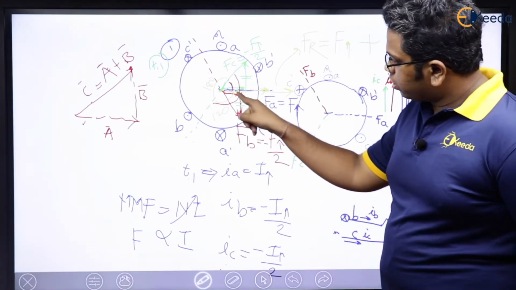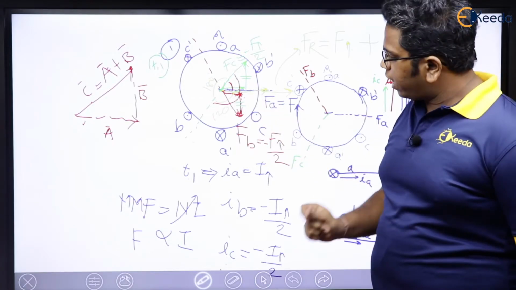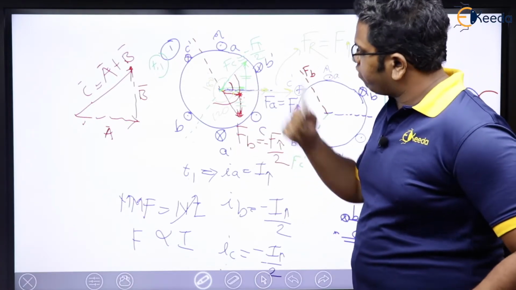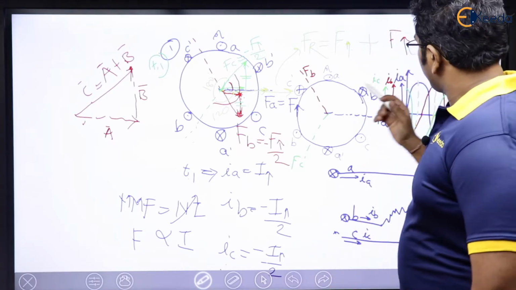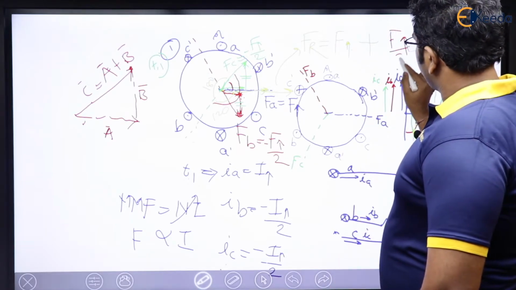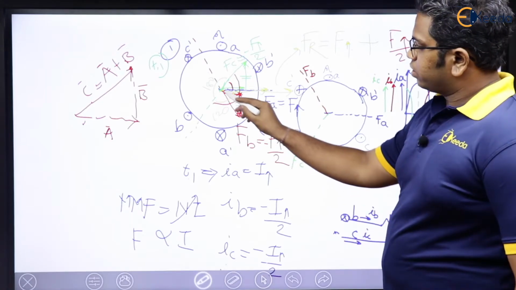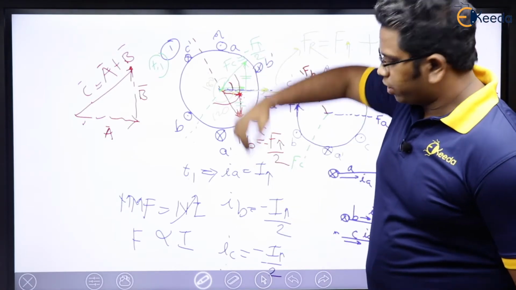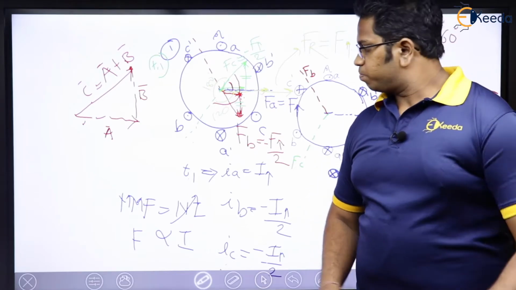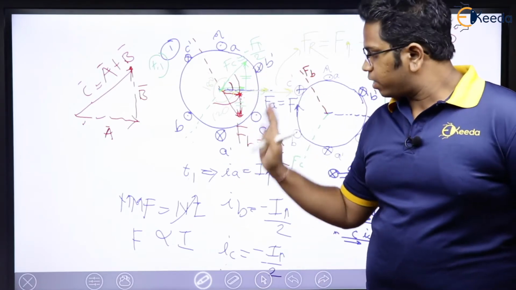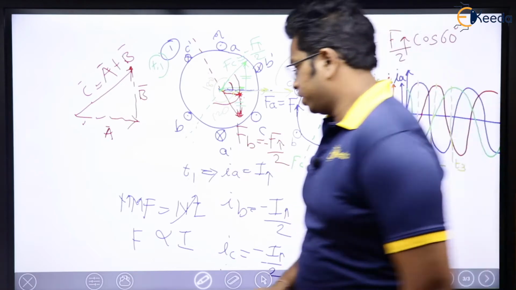Now if you see here, this is adjacent side, so I can write it down in terms of F maximum by 2. This will be F maximum by 2 into cos of 60 degrees. This is the hypotenuse. Let me tell you, very simple, how it is coming from mathematics. Let me take it separately and we will discuss.